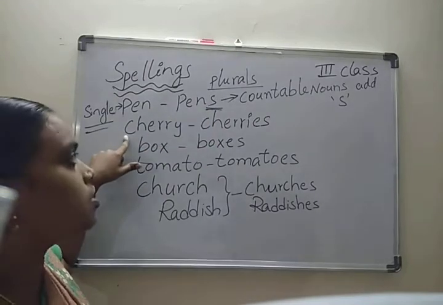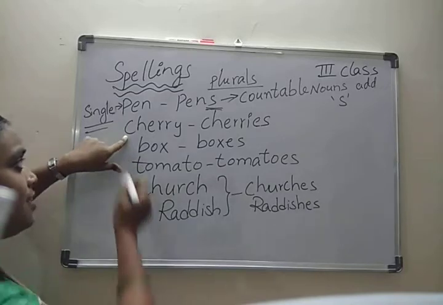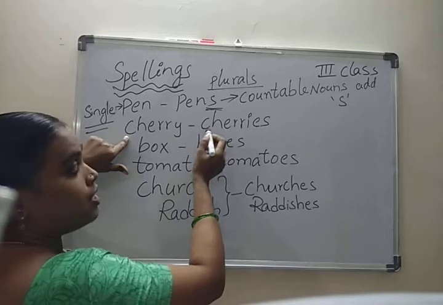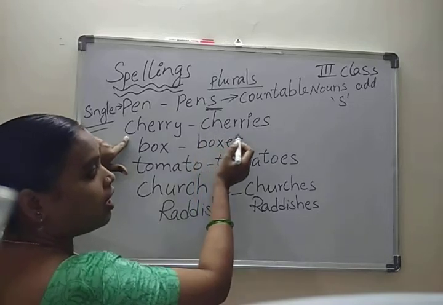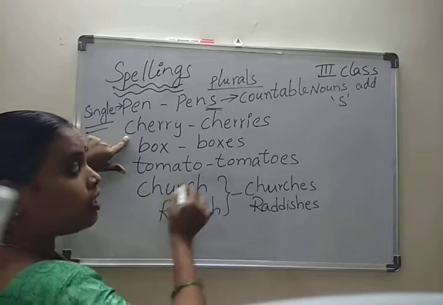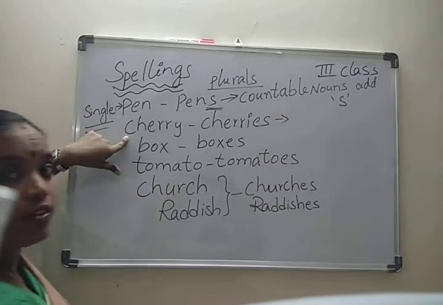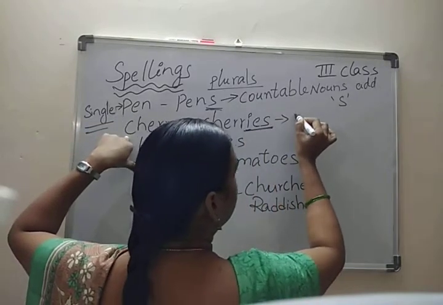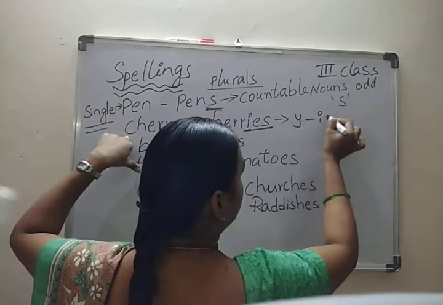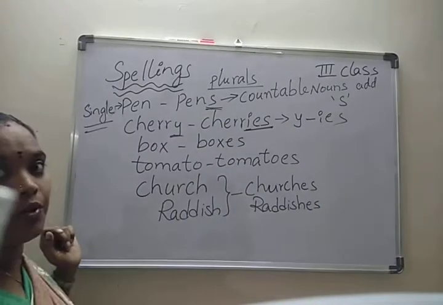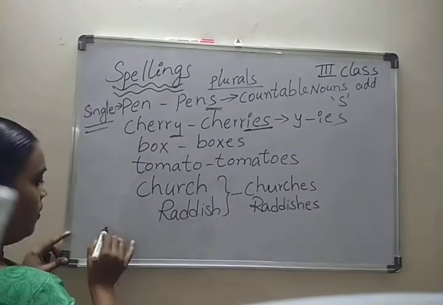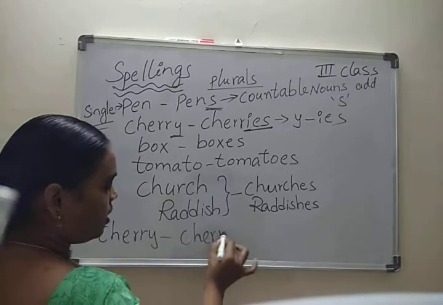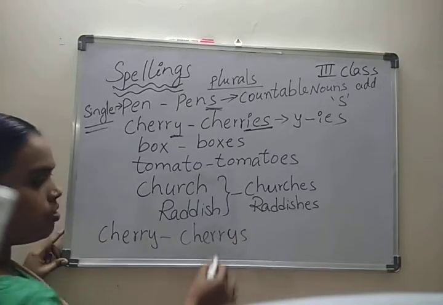Now coming to cherry. What is the spelling? C-H-E-R-R-Y, cherry. But in plural, C-H-E-R-R-I-E-S. So here we change it. What do we change here? Y turns into I-E-S. So wherever you are writing or reading, what do you have to see? If you write it like this, it is wrong.